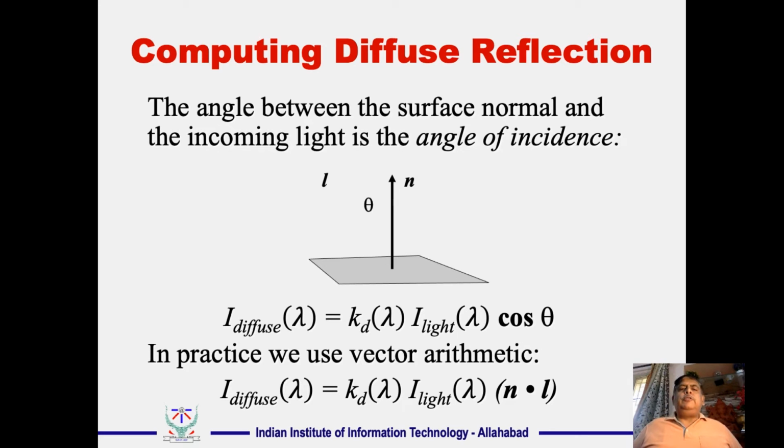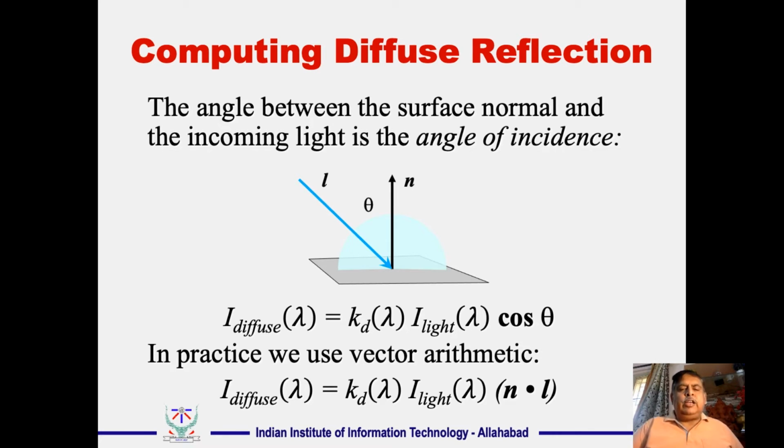So computing the diffuse reflection, the angle between the reflectance normal and the incoming light is the angle of incidence. It is uniformly diffused in all directions, shown by the light blue color intensity.